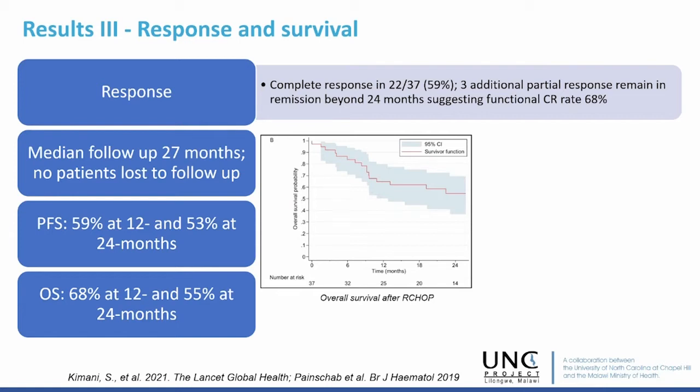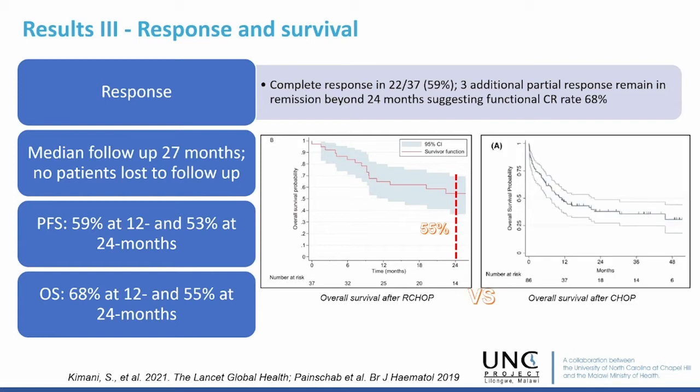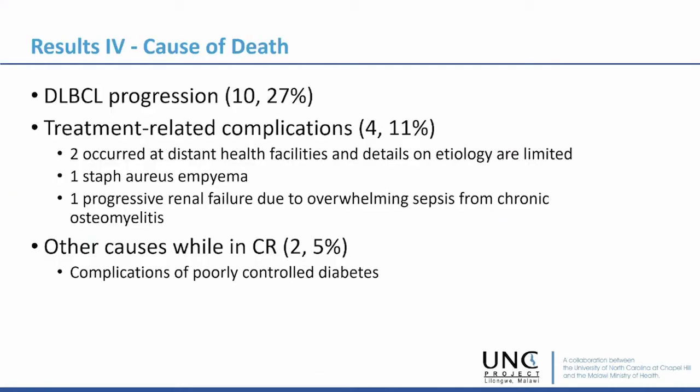Our 24-month overall survival of 55% for DLBCL is a significant improvement over our historical unselected controls, which had a 2-year overall survival of around 40%. Majority of deaths occurred due to disease progression.